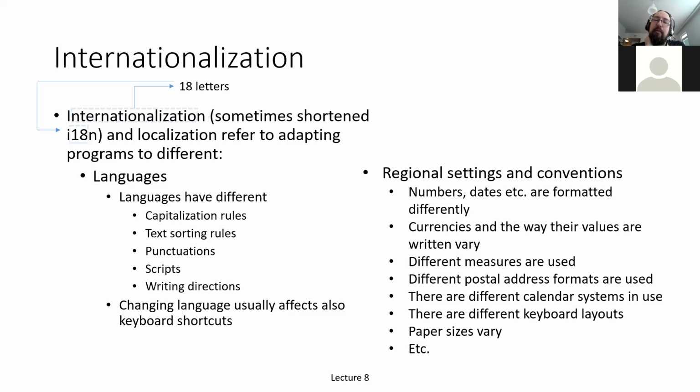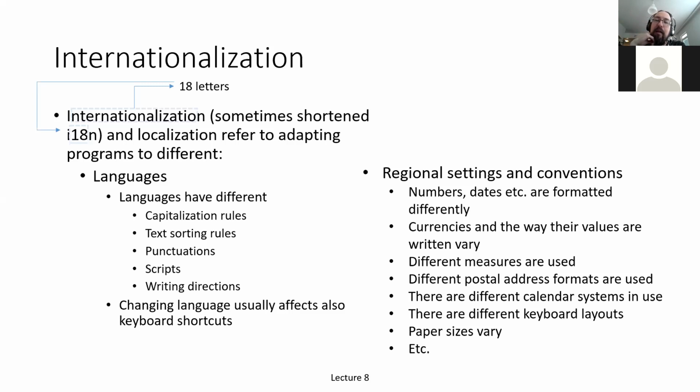The number systems, as you have seen, are formatted differently. Currencies and how the values are written vary. If you think of US dollars, they put the dollar sign as part of the sum in the beginning, and in Finland we put the euros at the end.